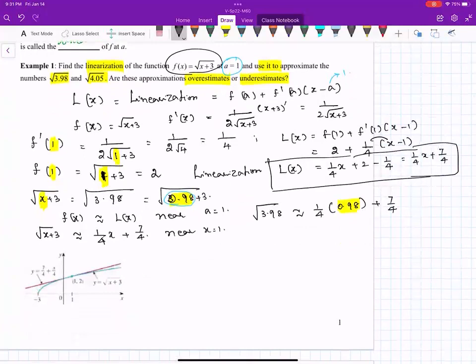If you use your calculator for this computation, this will be 7 over 4 plus 0.98 over 4, which will turn out to be 1.995. So square root of 3.98 is approximately equal to 1.995, which is expected because you know that square root of 4 equals 2. So square root of 3.98 should be close to 2. So it should be 1.995. This answers the first part.